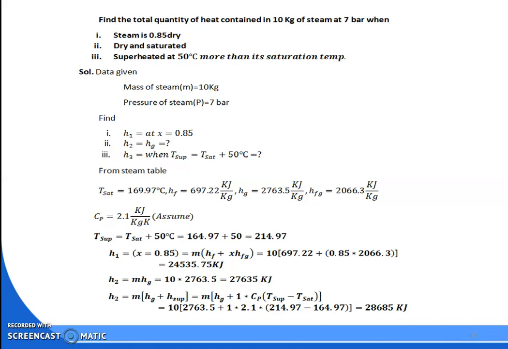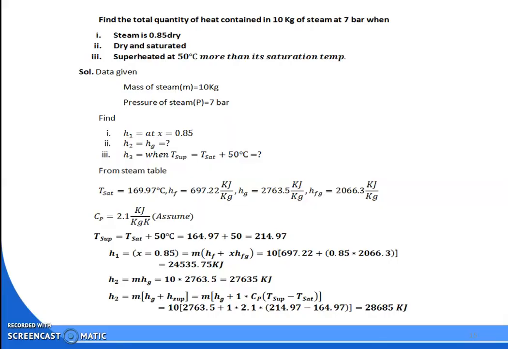So in total, H3 is equal to 28685 kilojoule. We cannot take this as kilojoule per kg because the mass is 10 kg. So we have already found the values of H1, H2 and H3.